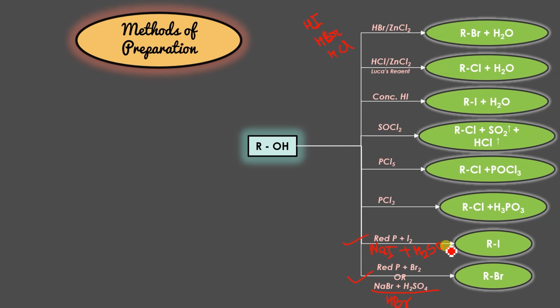HBr or HI we generally don't use, because I have told you that HBr and HI are highly volatile, so we cannot store them in the lab. And when we cannot store them, how will we use them? So what we will do is make it in situ. In situ means in the tube we will make it and use it immediately. Got it? Understood?